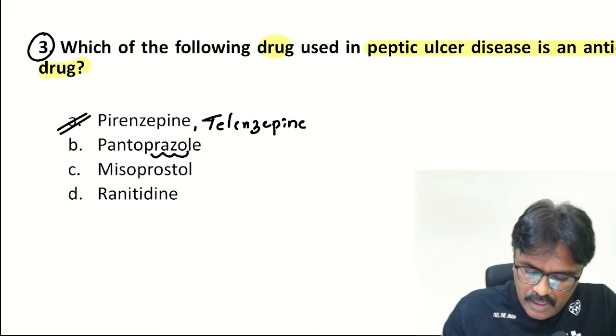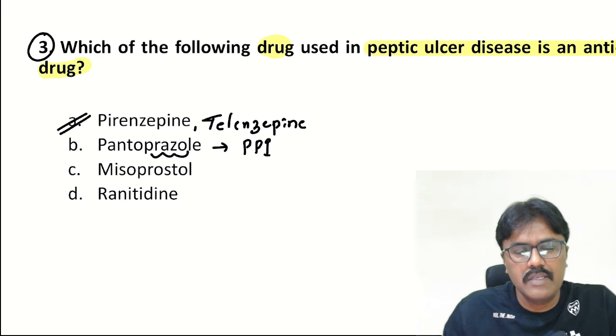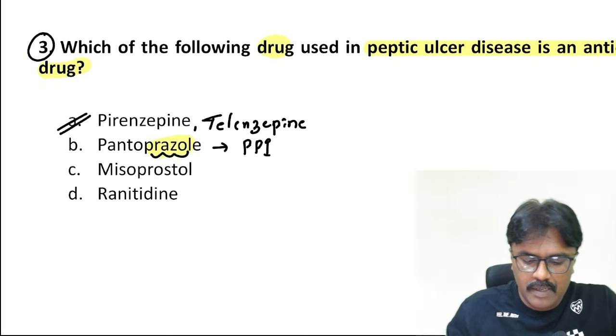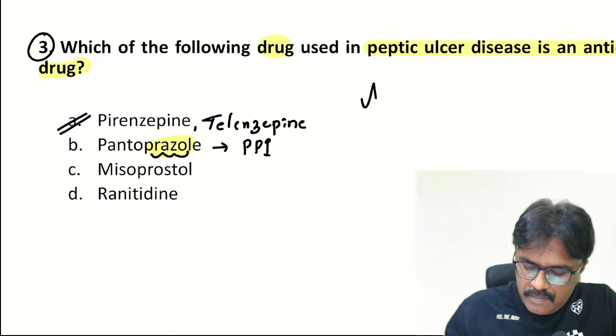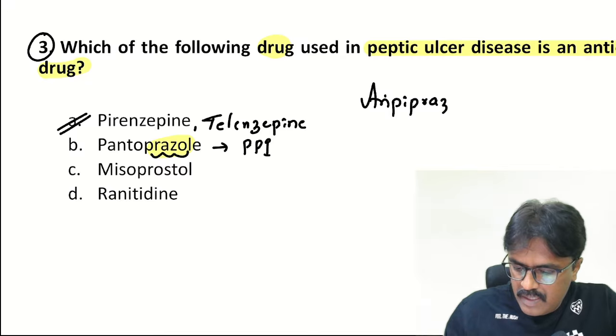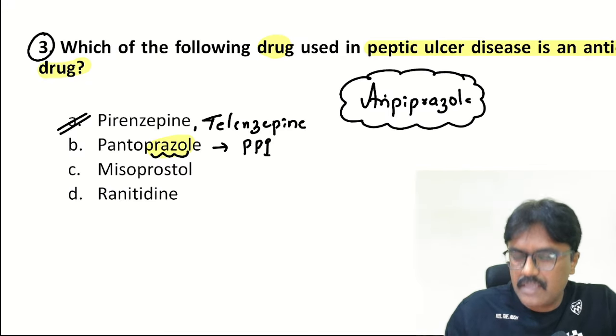Prazoles, any drug ending with prazole, they are proton pump inhibitors, not anticholinergics. So please understand, drugs ending with prazoles are PPIs. But don't confuse with the drug aripiprazole. This is used for psychiatric conditions. It's an antipsychotic drug.